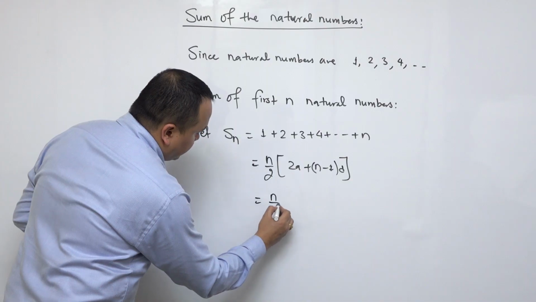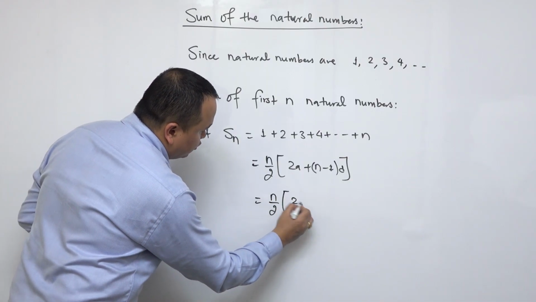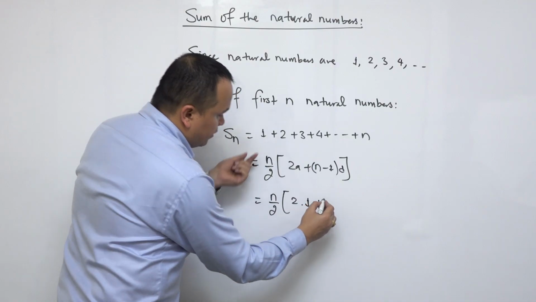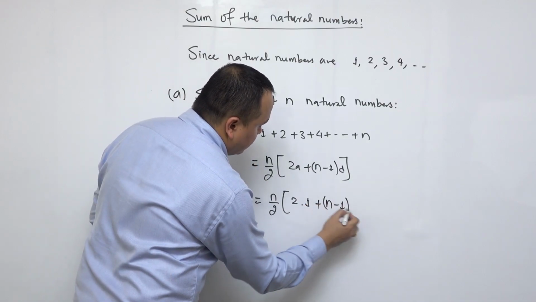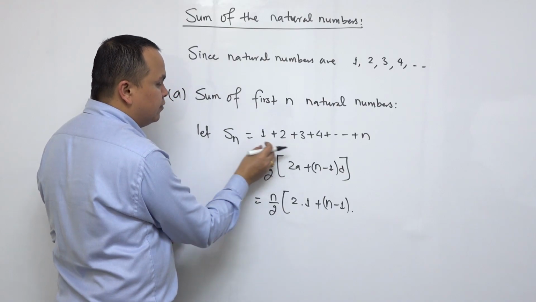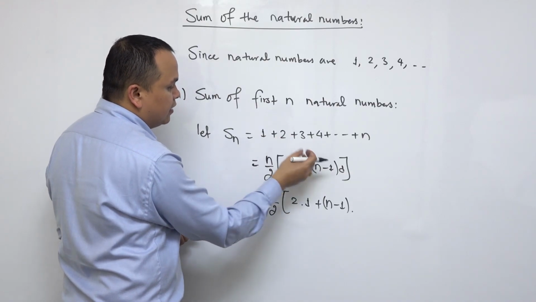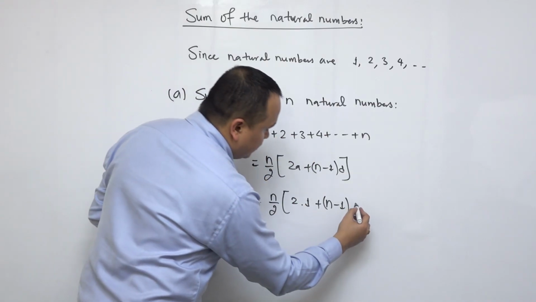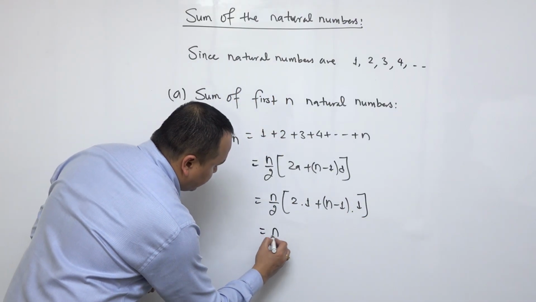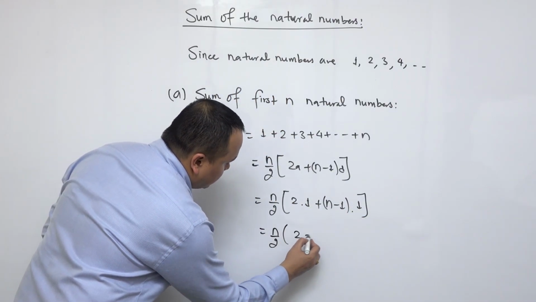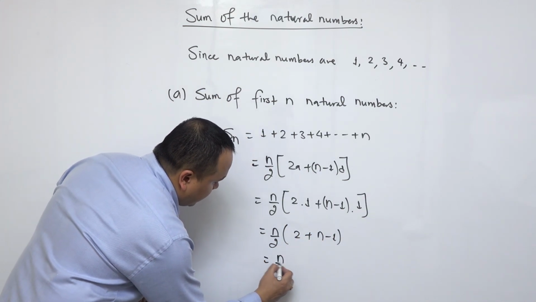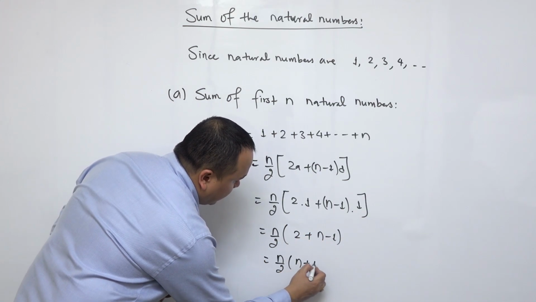This is n by 2, 2 into the first term a, which is 1, plus n minus 1, the common difference d. t2 minus t1 is 2 minus 1, which is 1; 3 minus 2 is 1; 4 minus 3 is 1. So we put d is 1. This is n by 2, 2 plus n minus 1, which is n by 2, n plus 1.